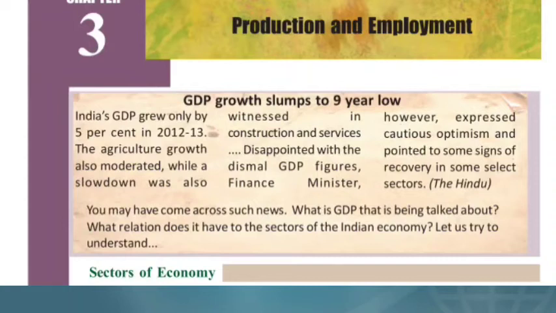Understand? Agriculture growth is also moderate. Some statistics are disappointing, with a fall in the present market value. So these are some of the important words we can observe in news channels or newspapers. Understand?